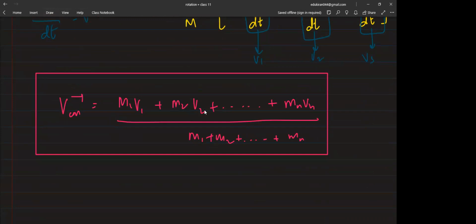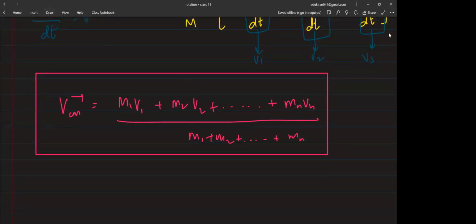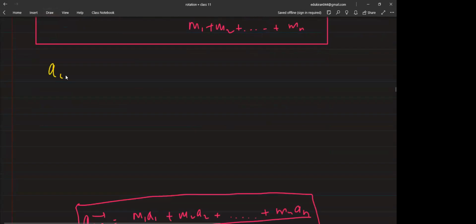Likewise, if you are supposed to calculate the acceleration, if this was the velocity, what do you have to do? Same thing, you differentiate velocity, right? When you differentiate velocity, the acceleration of center of mass will be dvcm over dt.